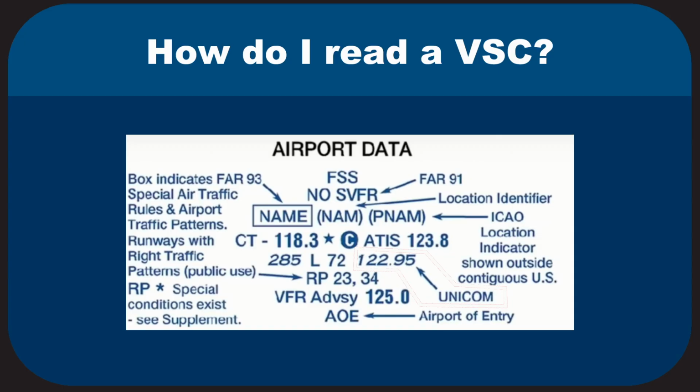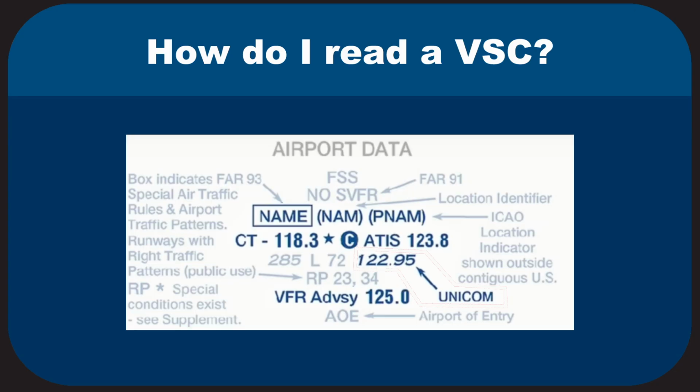Every chart legend has groups or groupings of data. One of those is airport data. Now, remember that the sectional chart is also for manned aircraft taking off and landing at these airports. So much of the data is not relevant to a drone pilot.